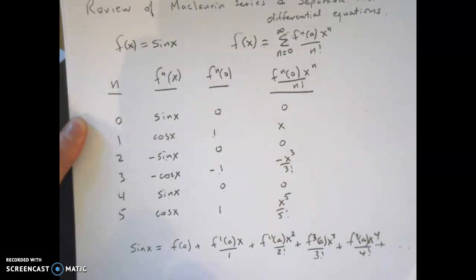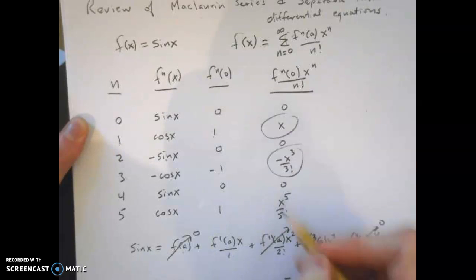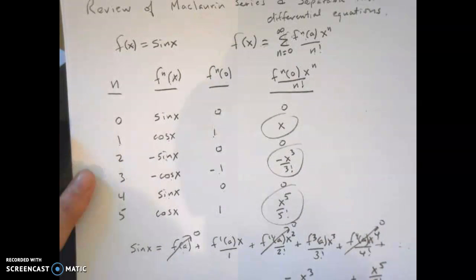So sine of x is going to be equal to, this first one is just 0. Remember, every other term ends up going to 0. This one, you just end up with an x. This becomes minus x cubed over 3 factorial, and then plus x to the 5th over 5 factorial. That comes from these terms over here.